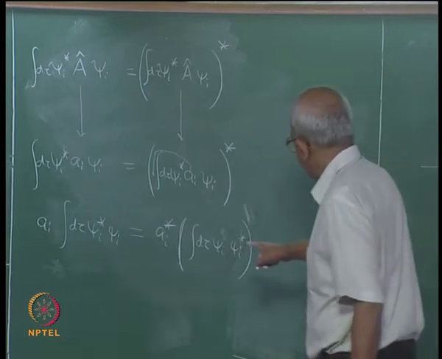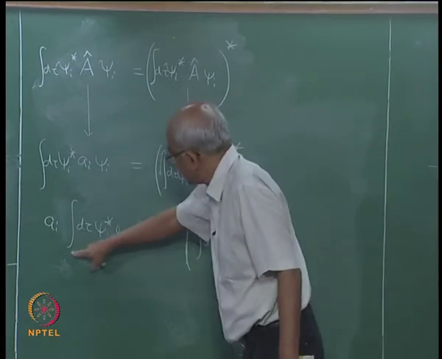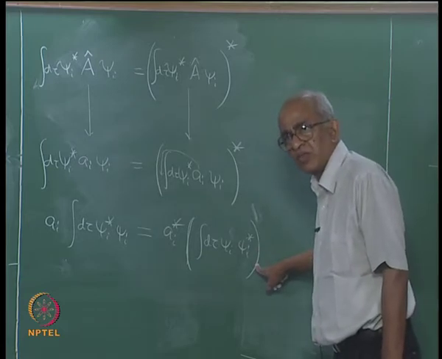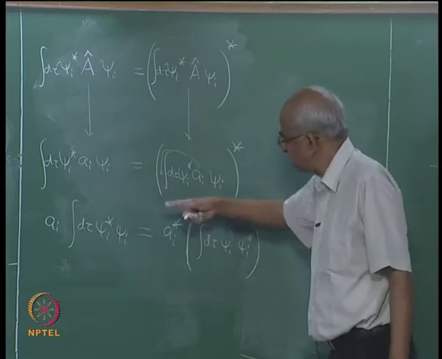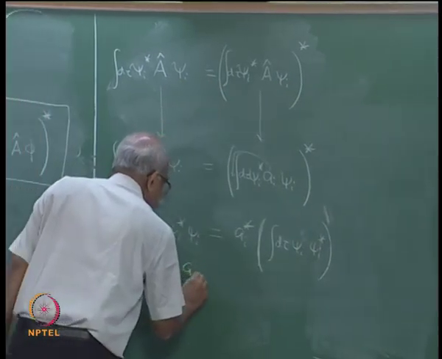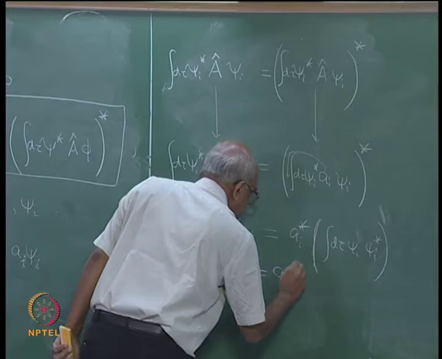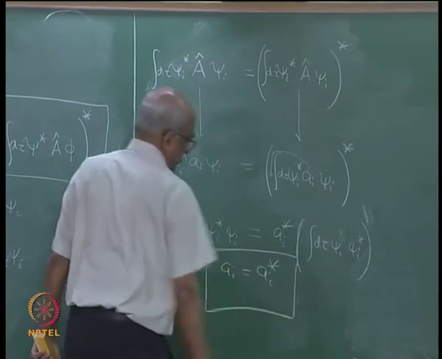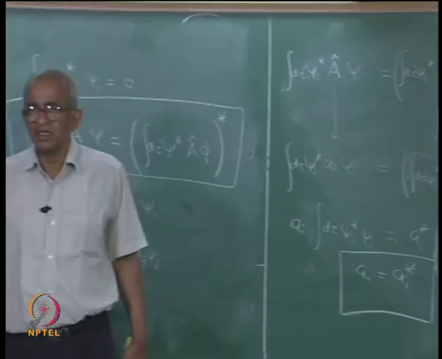And then when you look at this, you would realize that this integral and that integral are the same. If they are the same, I can just remove them, and so what is the result? I get the result that a I is equal to a I star. What does that mean?